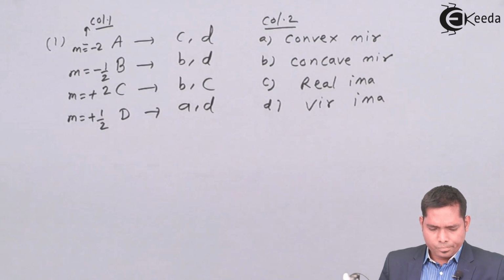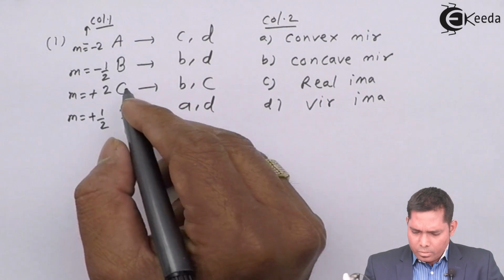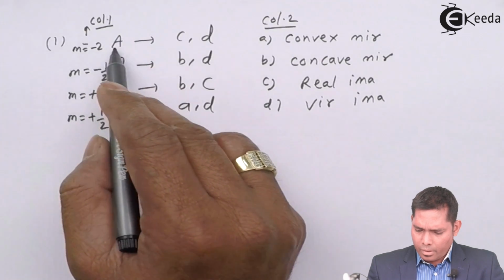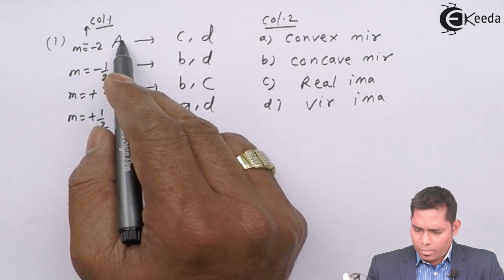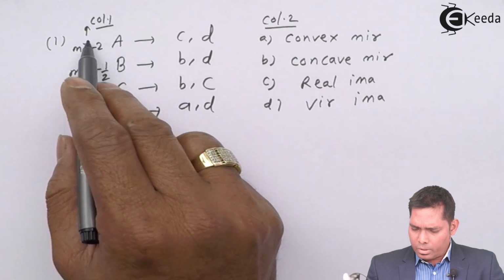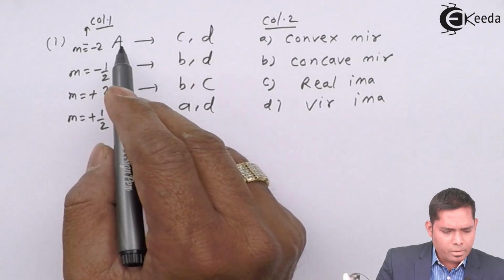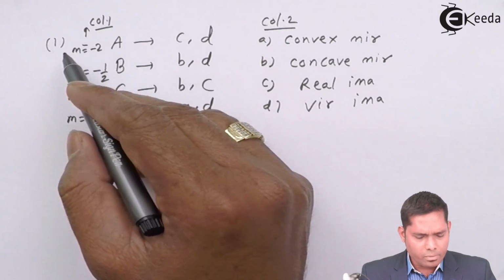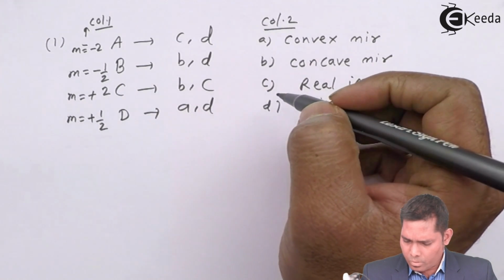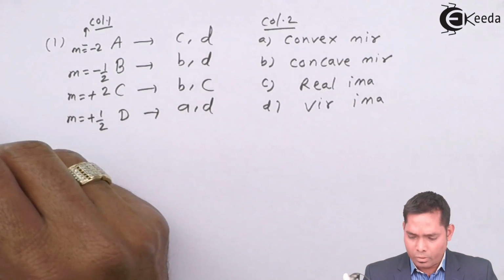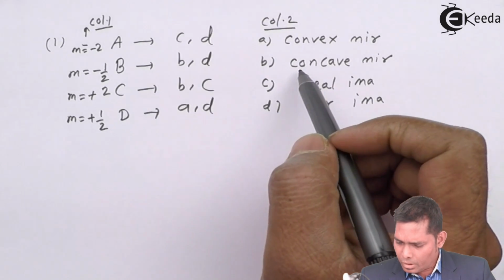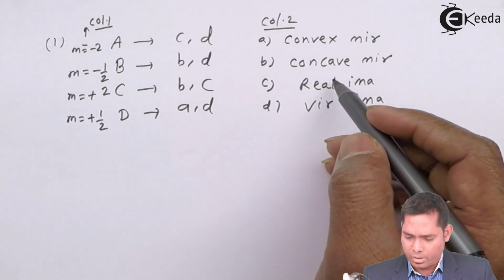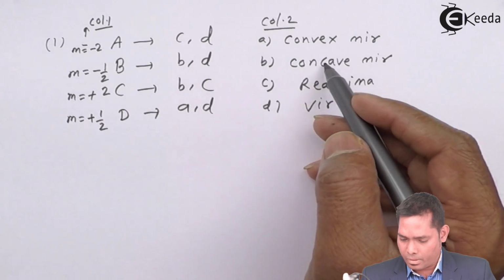Now, first one, we must know that A is negative, so we know that for negative it should be a concave mirror, because the negative magnification is obtained in a concave mirror.